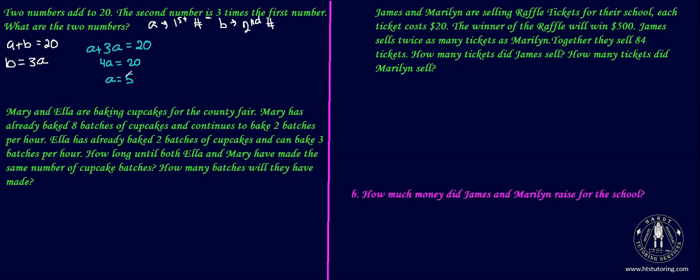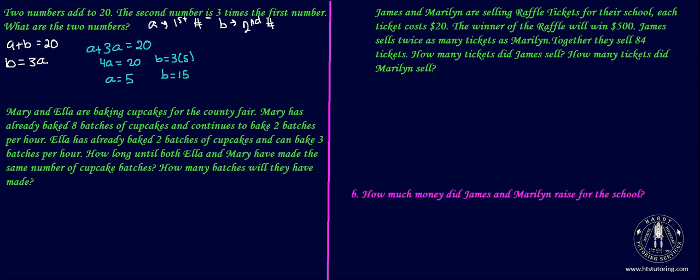A equals 5. All right, and if A equals 5, well then B equals 3 times 5. B equals 15. And we can check this. 5 plus 15 is indeed 20, and then 3 times 5 is indeed 15, which is what we got for B.